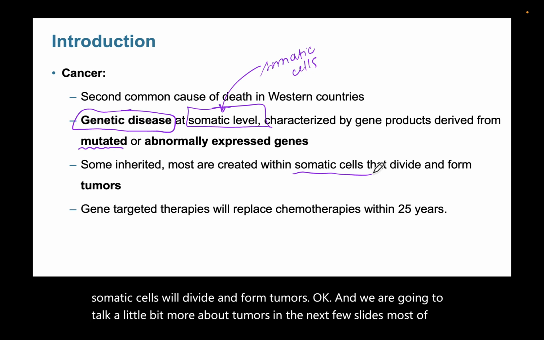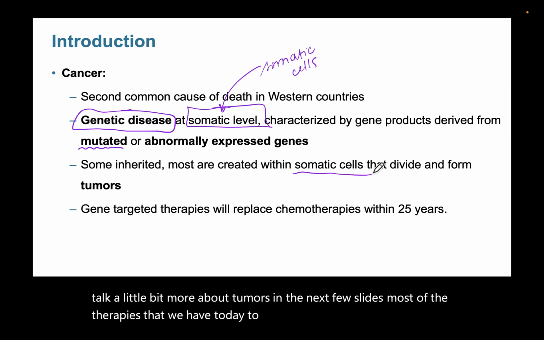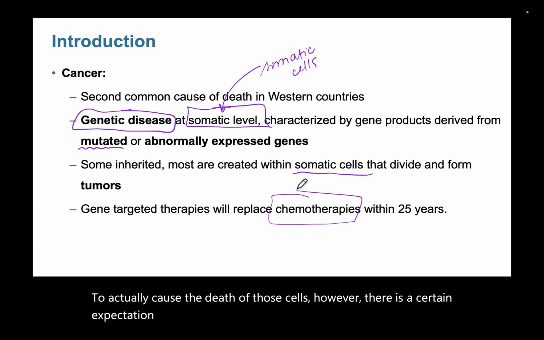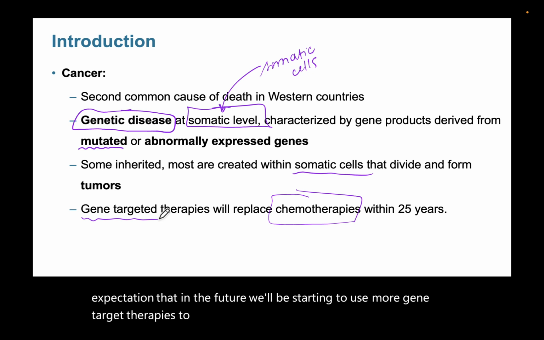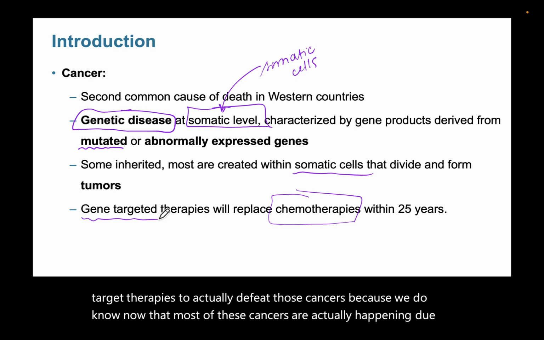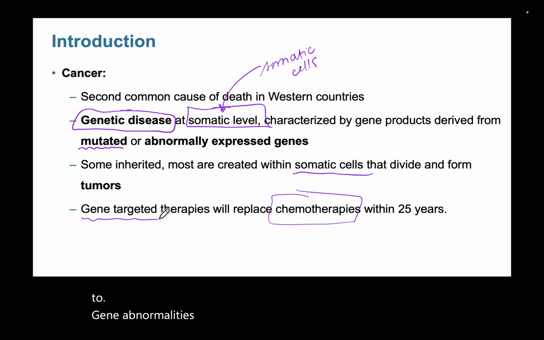Most of the therapies that we have today to treat cancer are chemotherapies that cause the death of those cells. However, there is an expectation that in the future we will start to use more gene-targeted therapies to defeat those cancers, because we now know that most of these cancers happen due to gene abnormalities, mutations at the gene level.